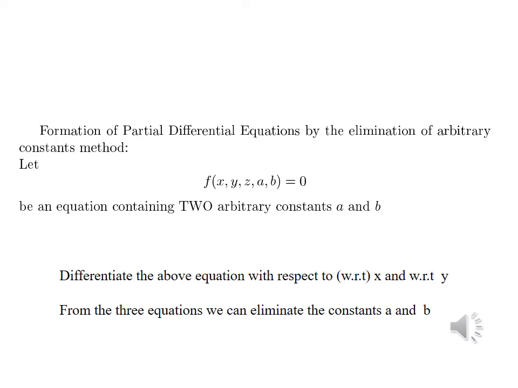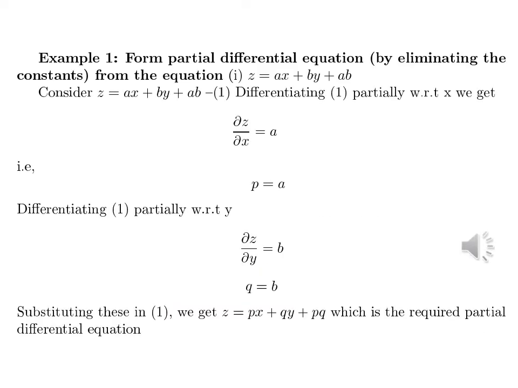we differentiate with respect to x, and then we differentiate with respect to y. Okay, so from these equations we will be able to eliminate a and b. As an example, see this particular question: form a partial differential equation by eliminating the constants from the equation z equals ax plus by plus ab.